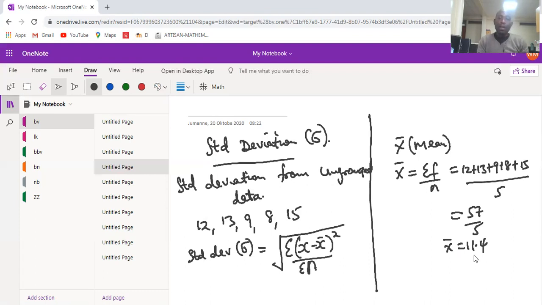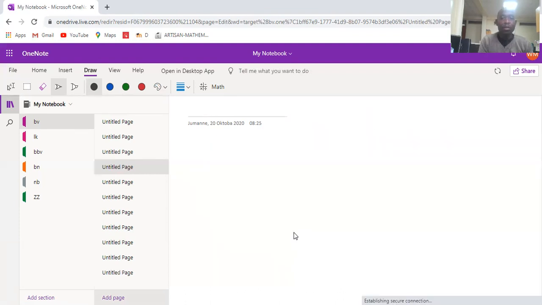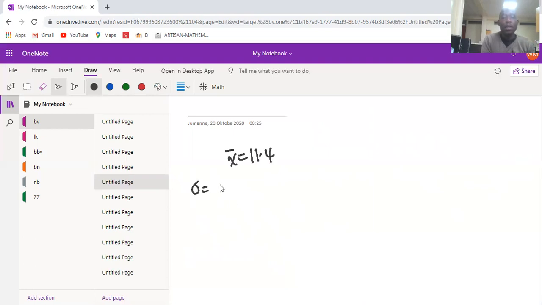Having obtained x bar, it becomes very easy to apply the formula. We know the standard deviation is given by the square root of the summation of (x minus x bar) squared over n.